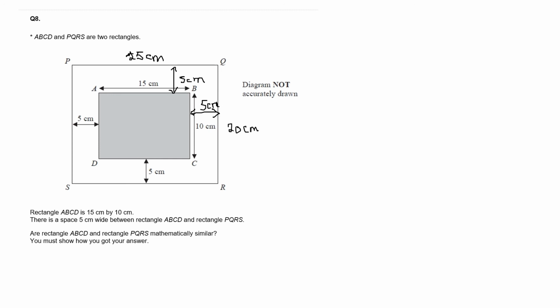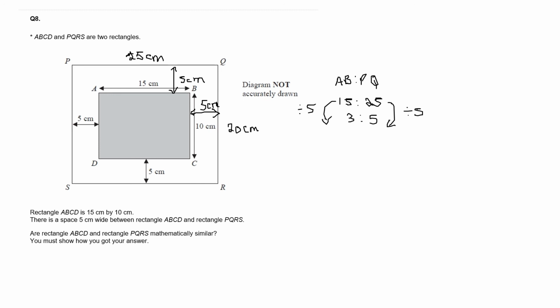So let's have a look at the ratio. So AB and PQ correspond. So the ratio of AB to PQ is going to be 15 to 25. And if I simplify that, that will give me a ratio of 3 to 5.